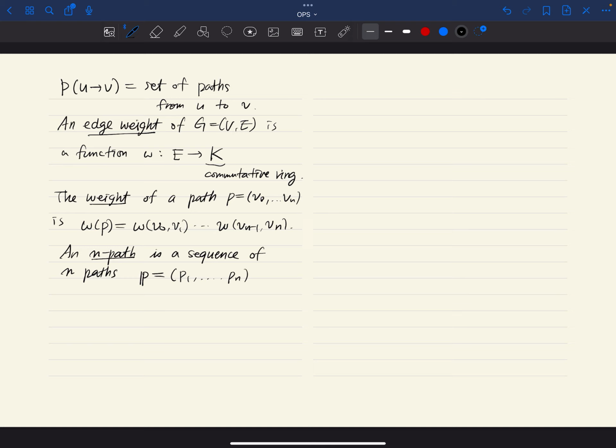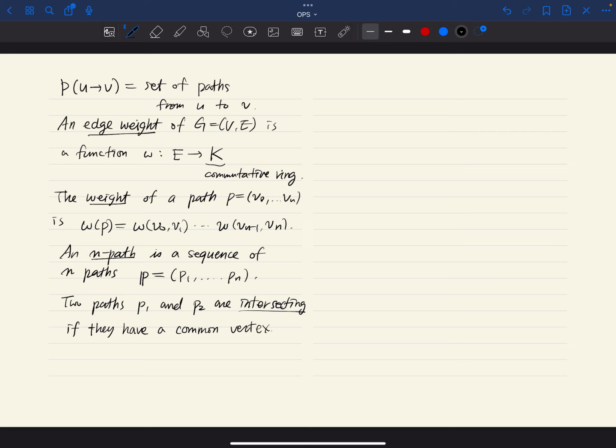Right, and an important concept today is whether paths are intersecting or not. So two paths, say P1 and P2, are intersecting if they have at least one common vertex.